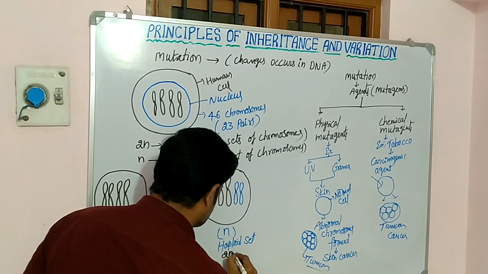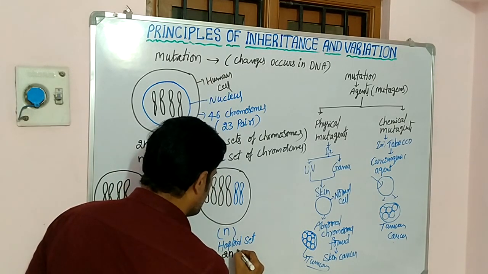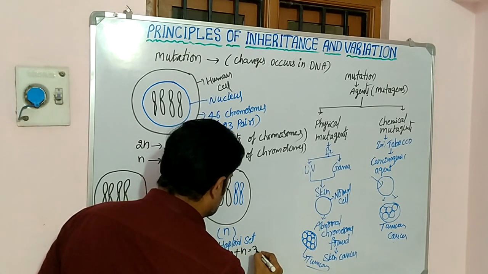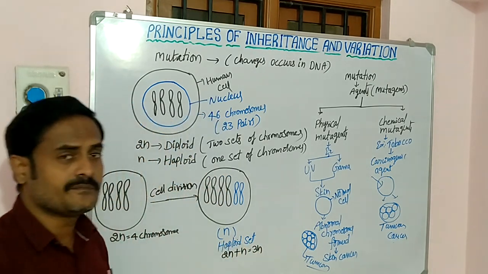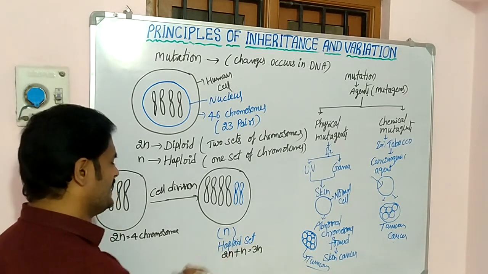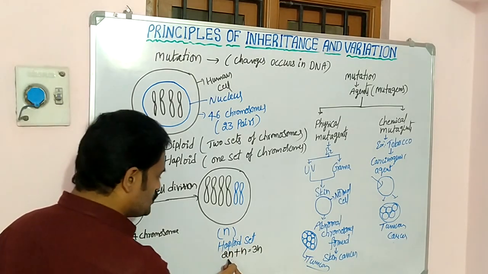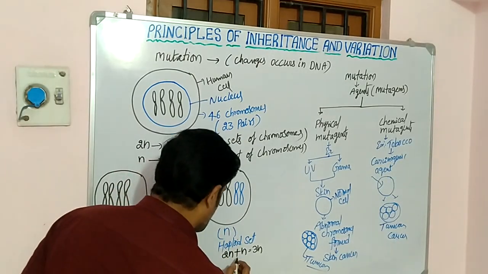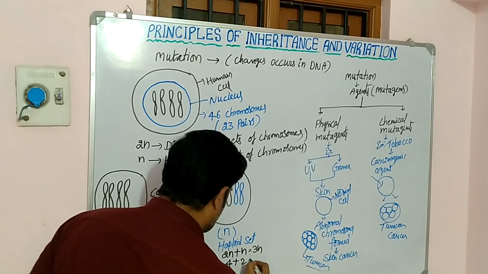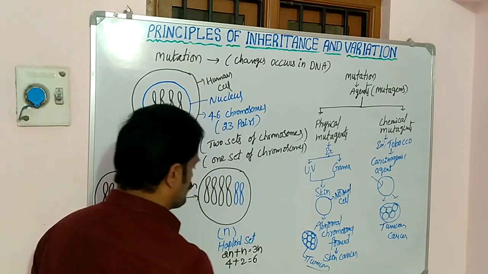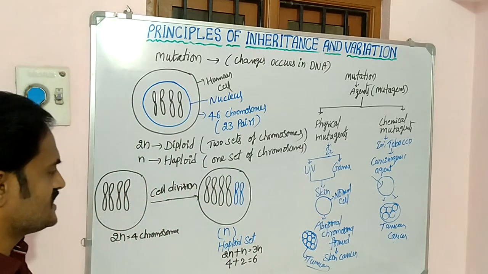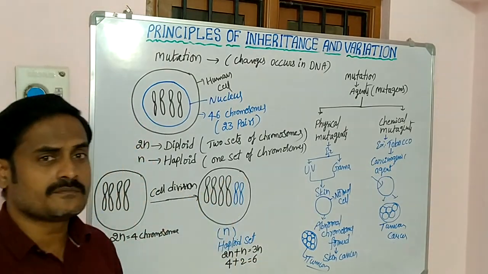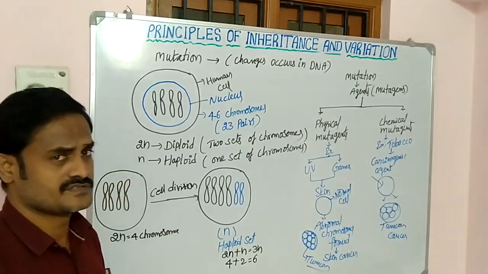So actually this is a 2n cell, but with the addition of n, it is modified into a 3n cell. 3n means how many chromosomes here? 6 chromosomes. 2n means 4, n means 2. So 4 plus 2 equals 6 chromosomes. So this is an abnormal condition of the chromosomes.